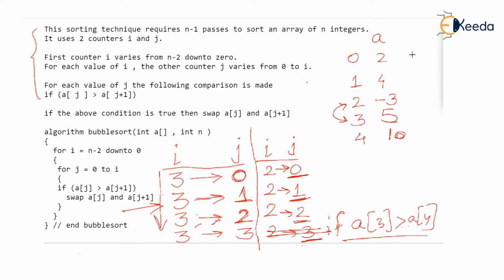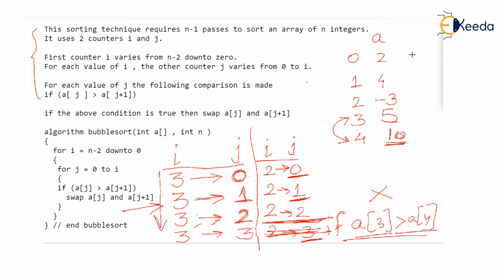We are going to stop here at 2, 2. At this combination, we are going to stop. This is senseless because asking is A3 greater than A4 is useless. You tell me, how can A3 be greater than A4? Watch this. Can A3 be greater than A4? No, because in pass number 1, you might have observed, although I did not tell you, that the largest value of the array has settled down.